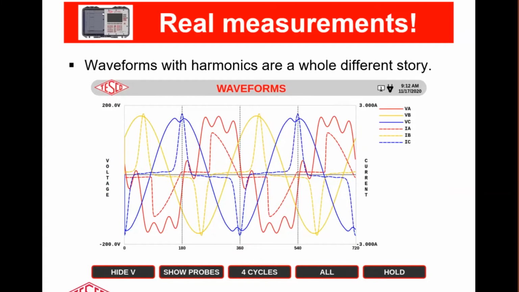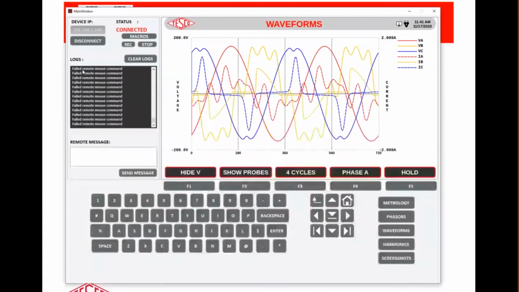Now, what we're going to do is look at a live demonstration of what the harmonics and the waveforms look like for a variety of different situations.